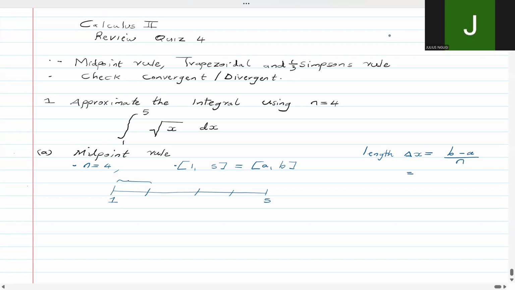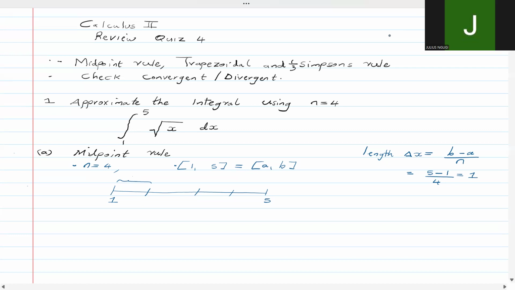My b is 5, so 5 minus 1 divided by 4. So we have 4 over 4, which equals 1. That means from one point to the next there's a spacing of 1.